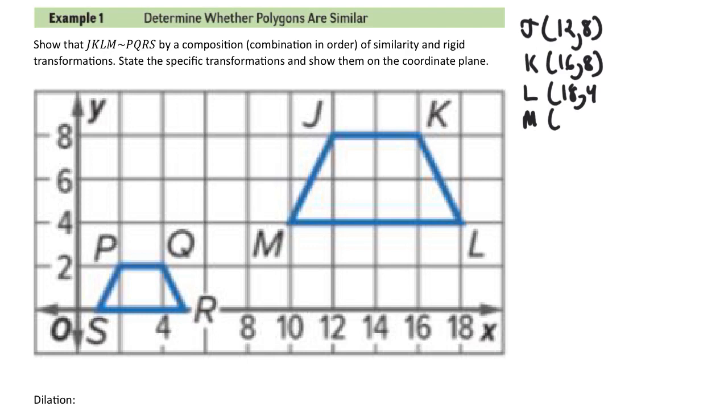M is at the location 10, 4. All right. We want to scale this down. So we want to get to J prime, K prime, L prime, M prime.